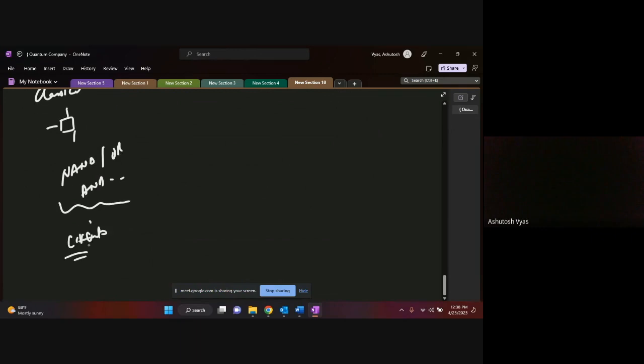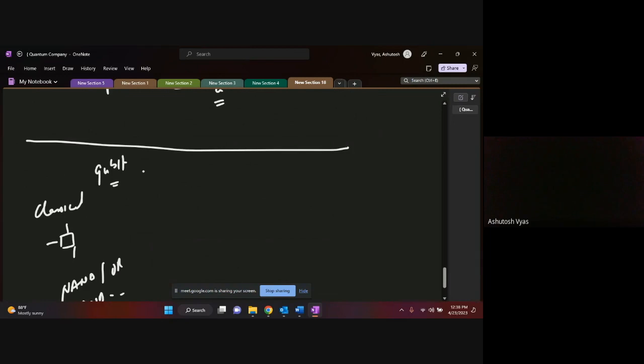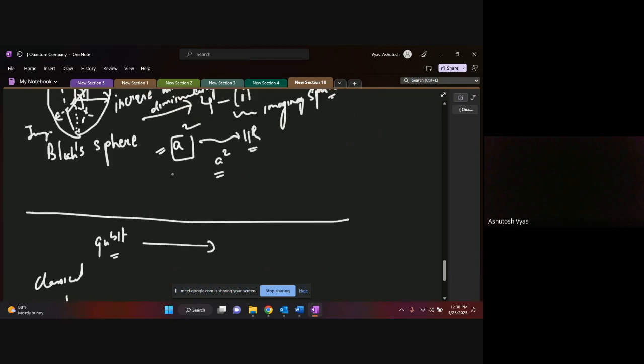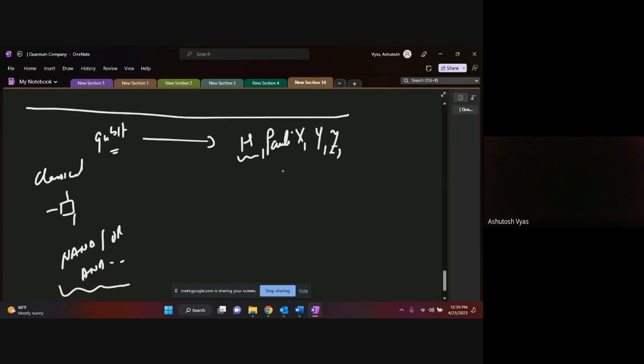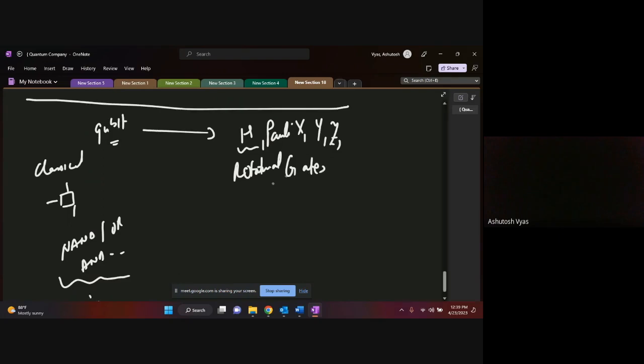In a similar fashion, in quantum computing theory also, there are many gates which fundamentally you can realize using your qubits. These gates are called the Hadamard gate, then the Pauli X, Y, Z gates, all these types of gates are there. Then there are rotational gates, which provide you the rotations of your Bloch sphere in multiple directions.